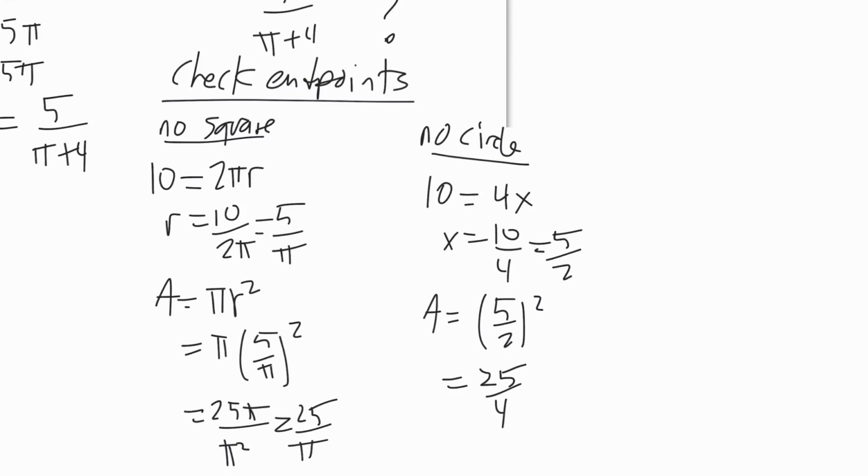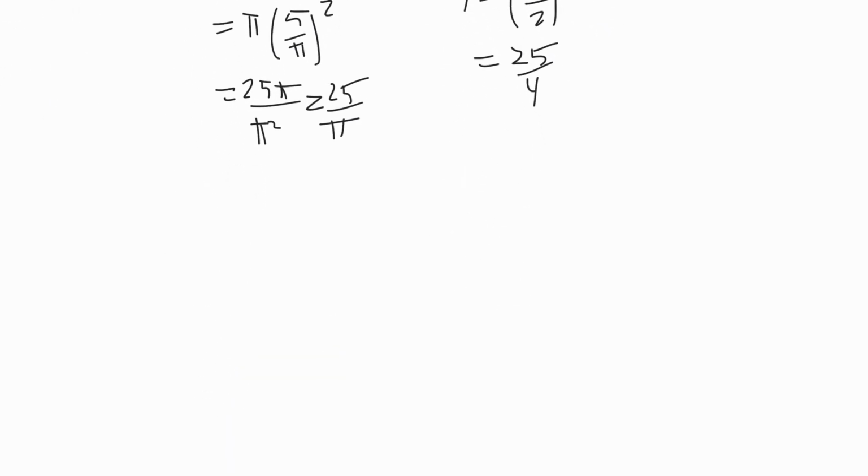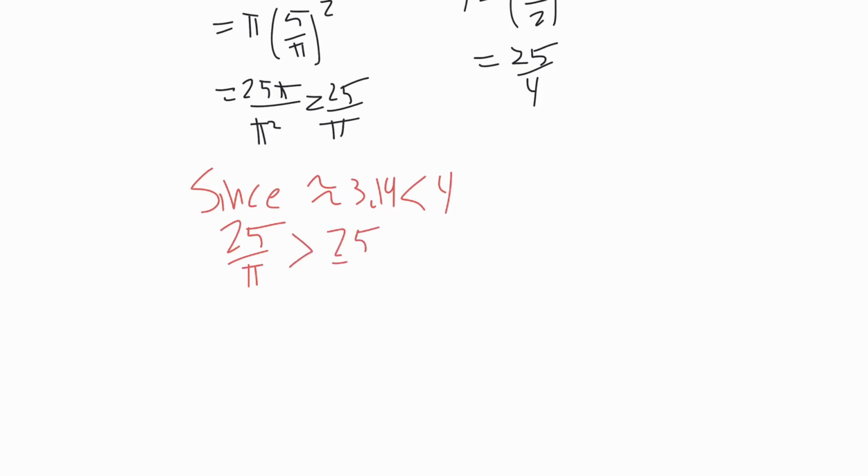Now which one of these numbers is bigger, 25 over pi or 25 over 4? Well, since pi is approximately 3.14, which is less than 4, 25 over pi is bigger than 25 over 4 because you're dividing by a smaller number. So this one right here, this is the maximum.